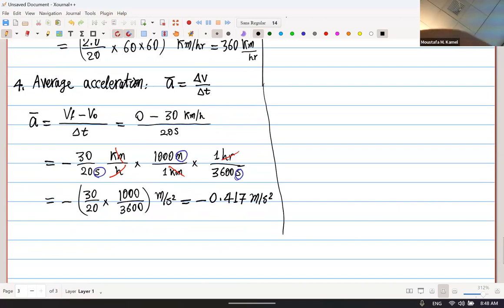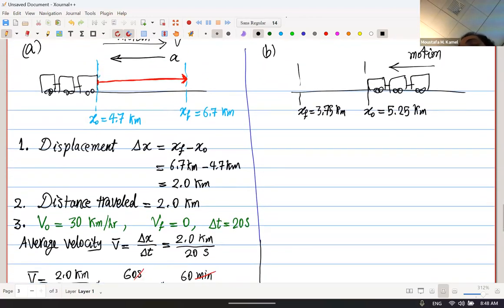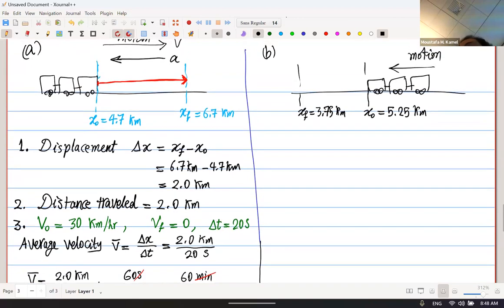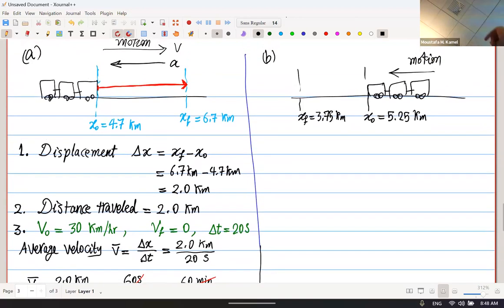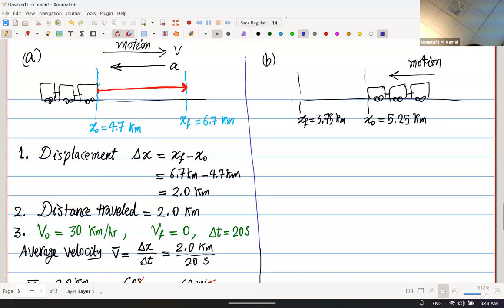Okay, I want you guys to do the part B for this case. Do the same thing. Get the displacement, distance traveled, average velocity, average speed, and average acceleration. But I have to tell you what the time taken is, the time elapsed, and the initial and final velocity.